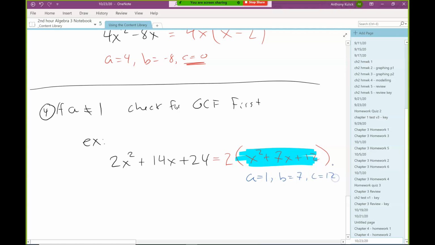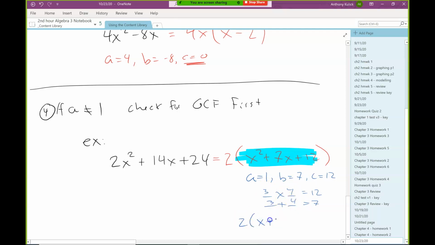So what can we do? We can do our shortcut, right? So I need two numbers that multiply to give me 12 and add to give me 7. 3 and 4 are the ones I need.